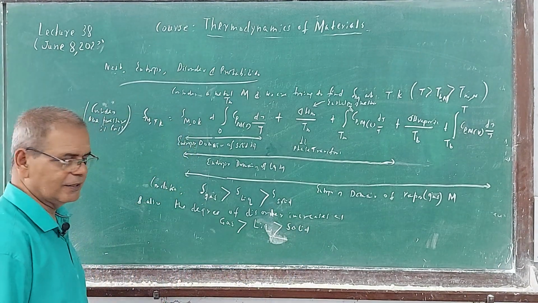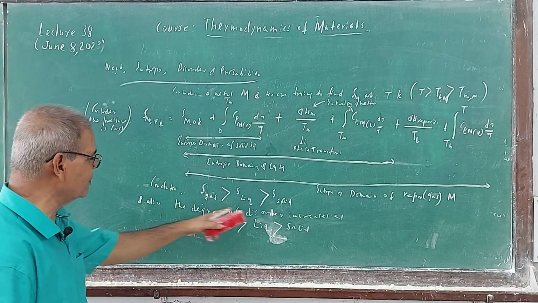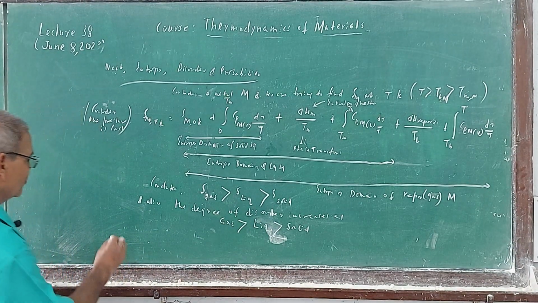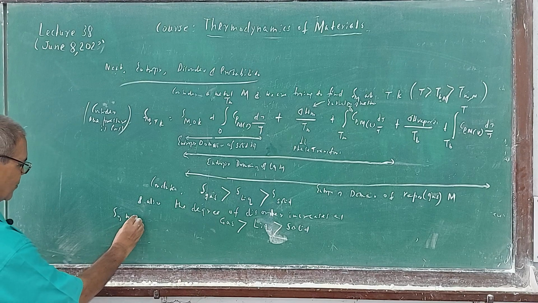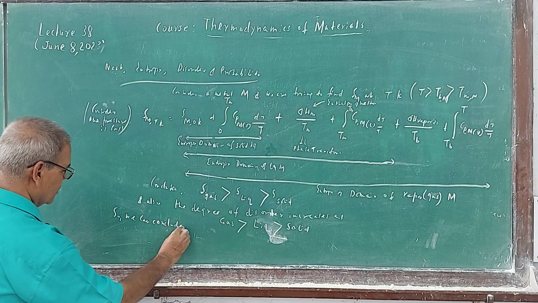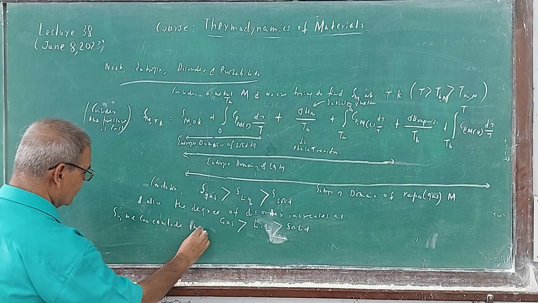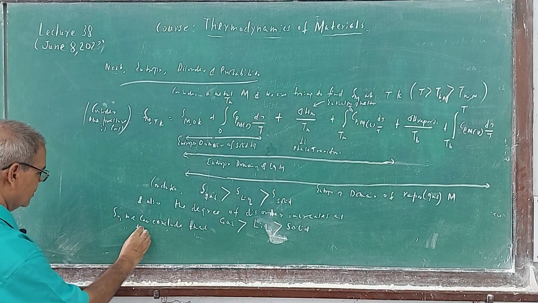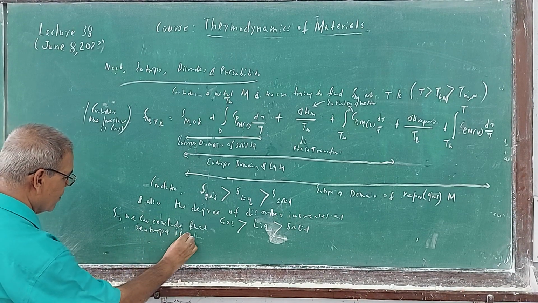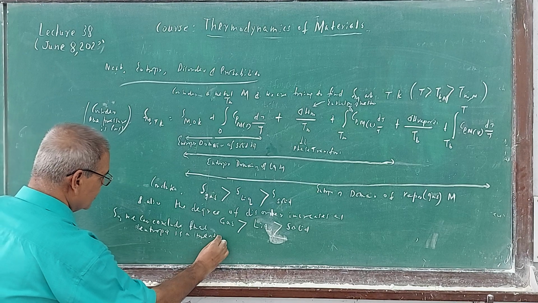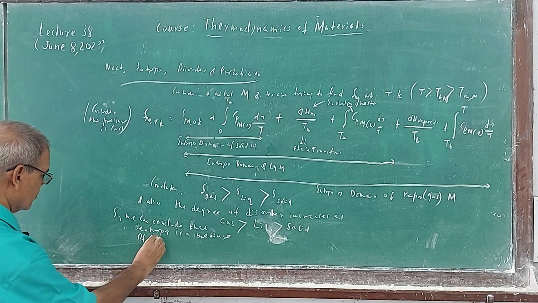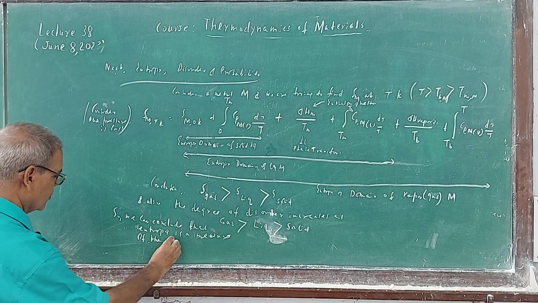Solid is ordered. So what is the meaning? That looks like the same trend. So entropy is a measure of disorder. We can conclude that entropy is a measure of disorder of the system.